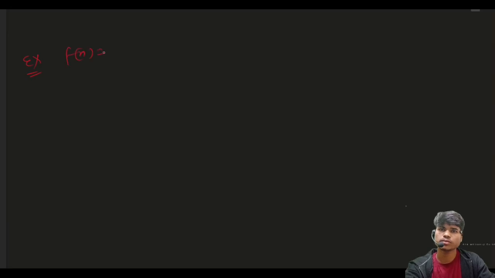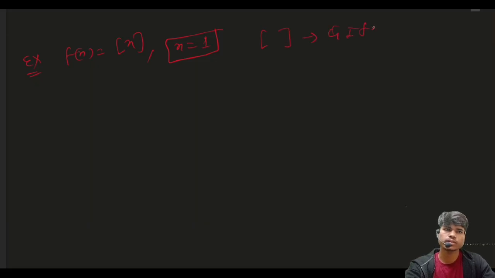Let's take another example. f of x equals to box x. We have to find the limit of this function at x equals to 1, where box is the greatest integer function. So we have left hand limit x tends to 1 negative f of x. We can write this like limit h tends to 0 f of 1 minus h.